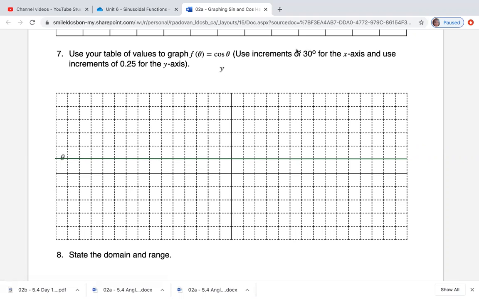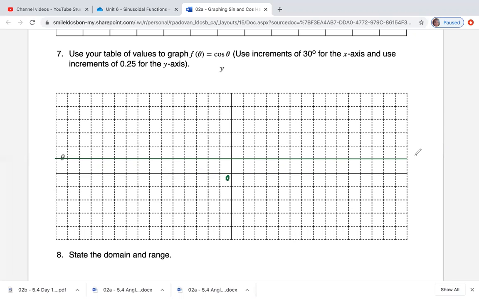So we have to draw in our values. Let's make this 0, 0, so it looks exactly the same as the graph before.